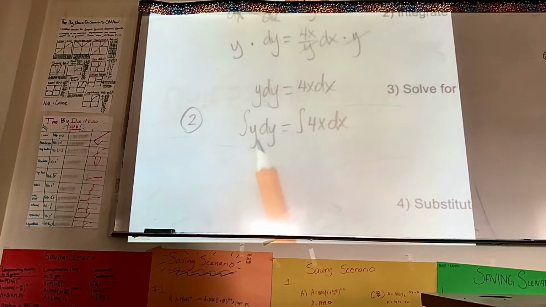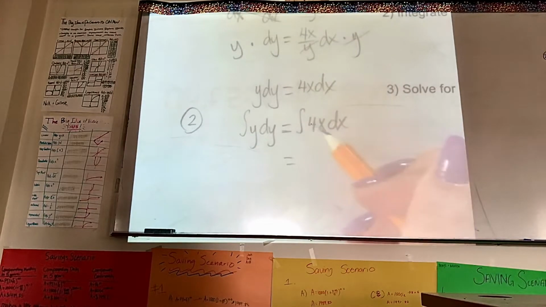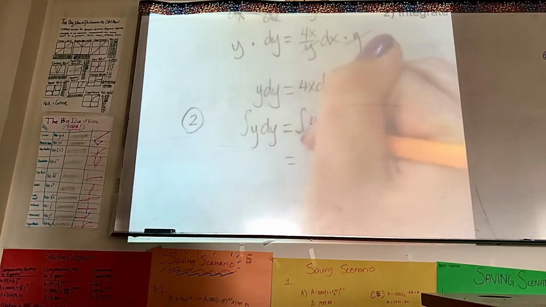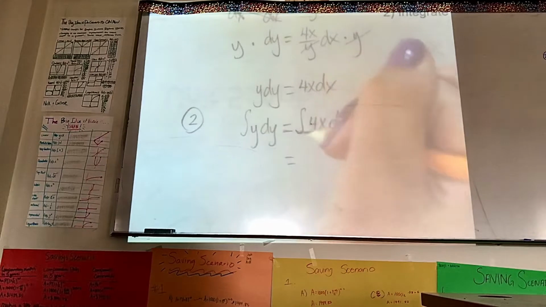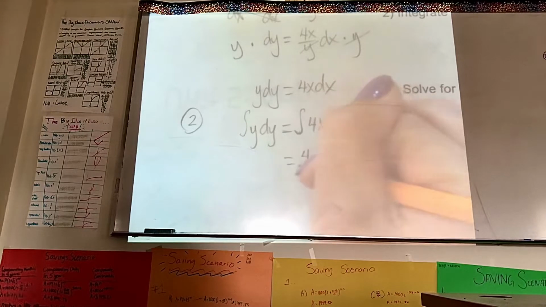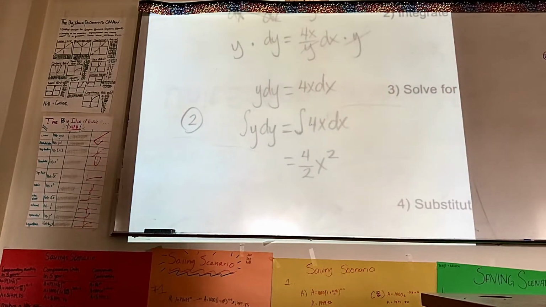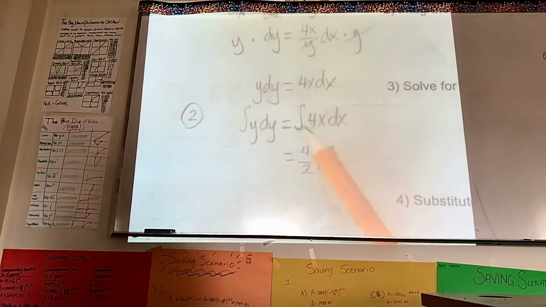Okay, so let's do the right side first, shall we? What's the integral of 4x? So I'm adding 1 to the exponent, so I get 2. What did I just do? You added 1 to the wrong thing, to the coefficient instead of the exponent.